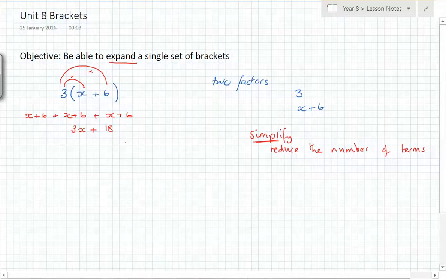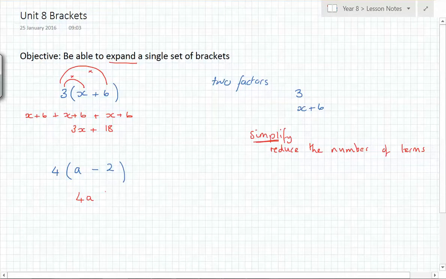Now a lot of people forget to multiply the second number. But you can see from this line here that you have to multiply both bits. Make sense? So if I were to do 4 times a minus 2, and I ask you to expand it, what would you say? 4a plus 8? Not quite, then it's minus.